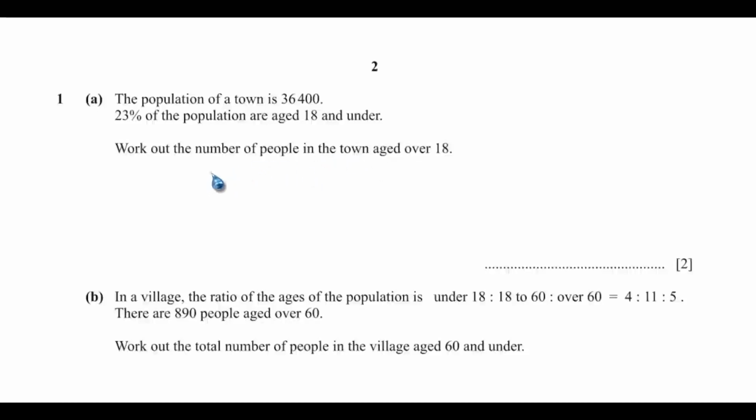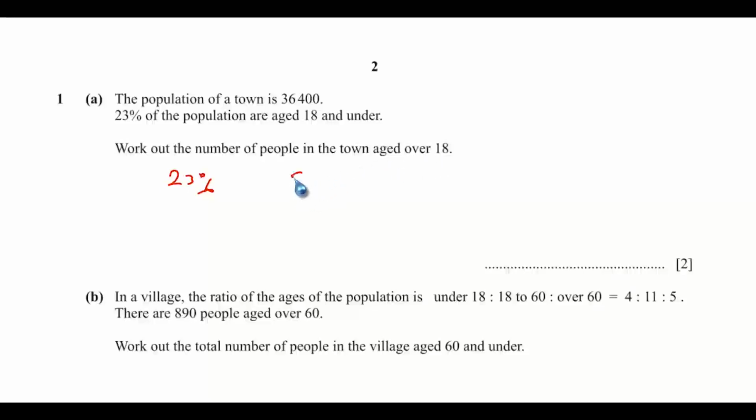So for the population that are aged 18 and under, you have 23%. That means 100 minus 23% will be for the people in the town aged over 18. So that will be 77.